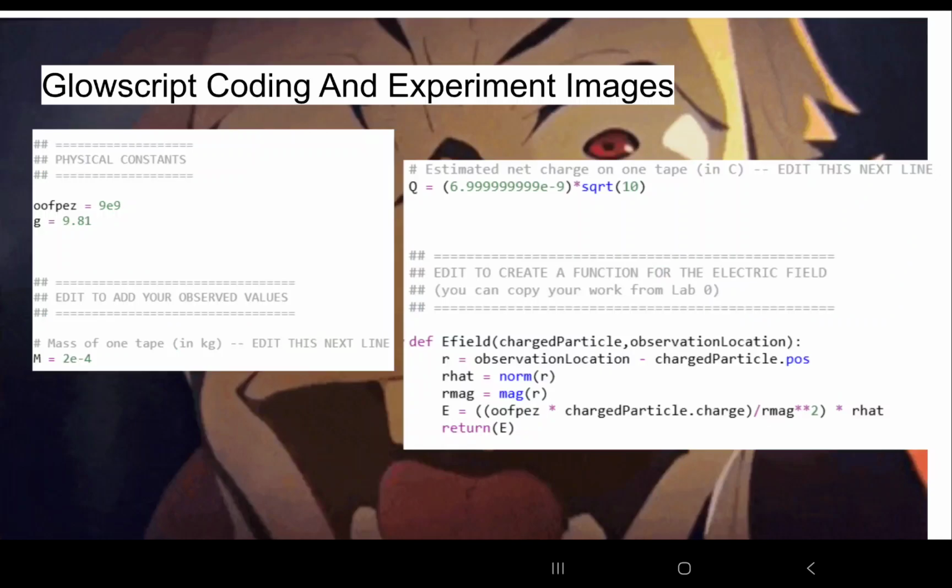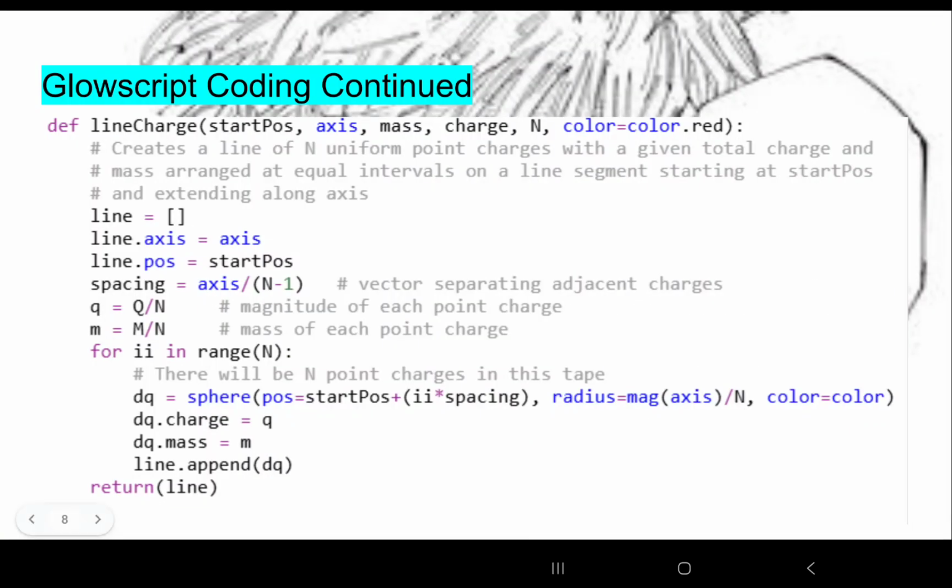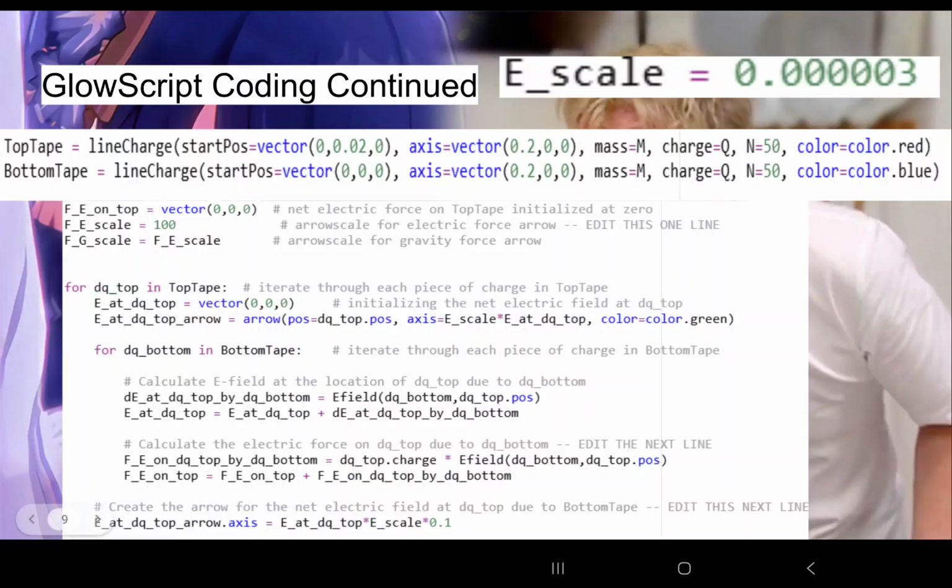We start our code by having the constants and our initial conditions, and after that we have the E field, which we calculate by finding the components to put into the equation. Then we plug the equation into GlowScript. This part of the code is making each of the point charges that we will put in each of the tapes.